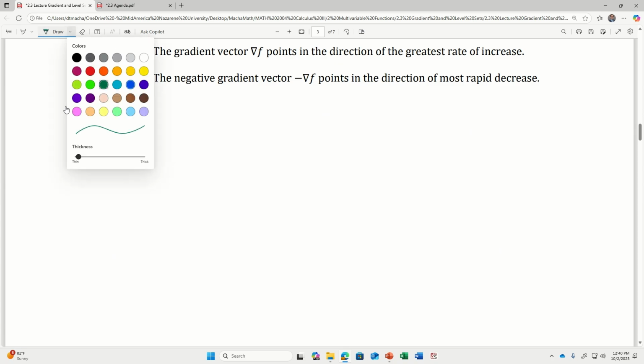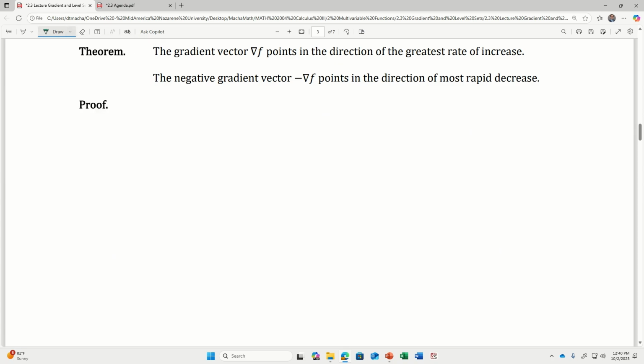Anyways, moving on. This says the gradient vector points in the direction of the greatest rate of increase. So I could ask you on a test, here's a function. At a given point, what's the direction this function is increasing the fastest?